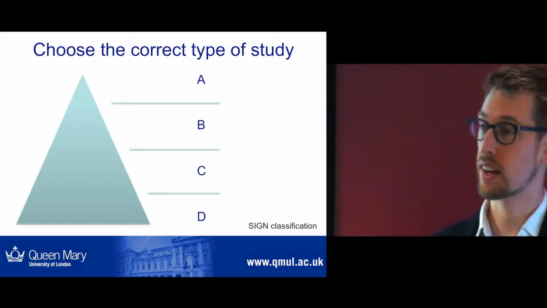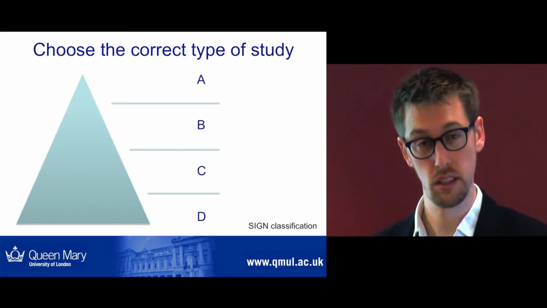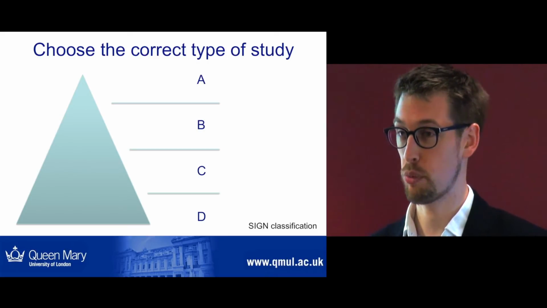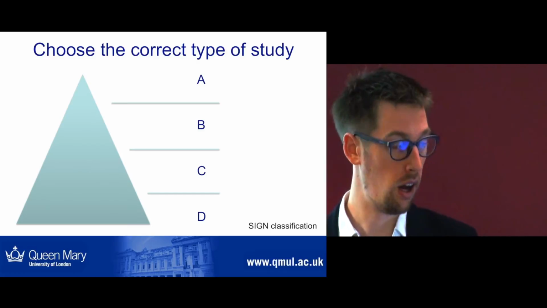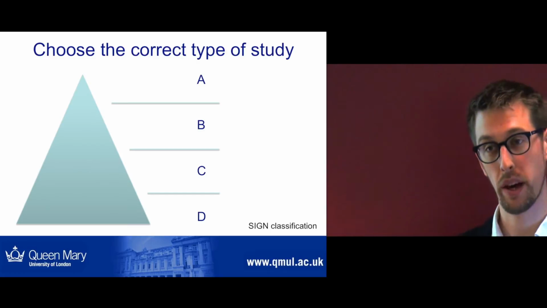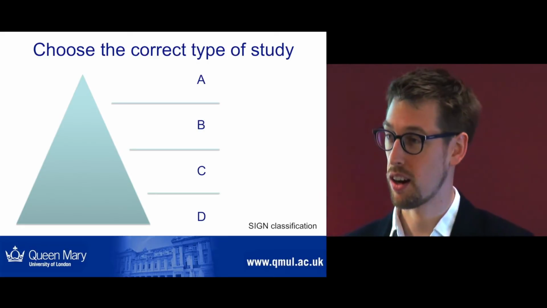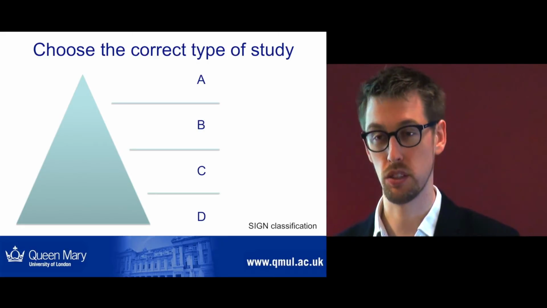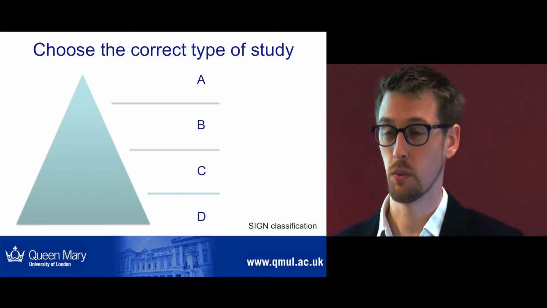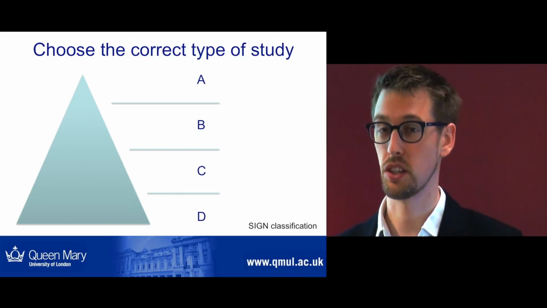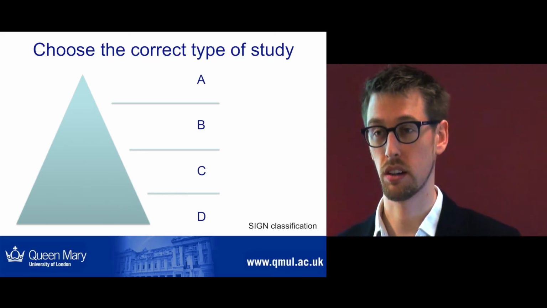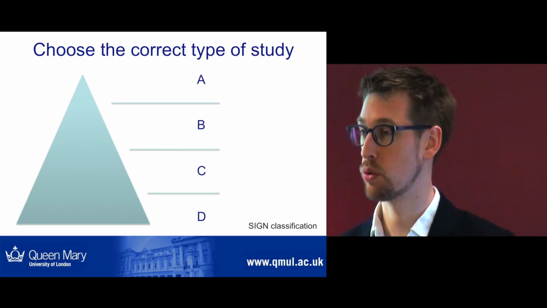So, number one, have a clear idea of what your research question is. Number two, choose the appropriate study to do that. Going back to the lecture yesterday, thinking about our pyramid of hierarchical evidence-based medicine study designs, with meta-analyses at the pinnacle and consensus opinion and case reports at the base.